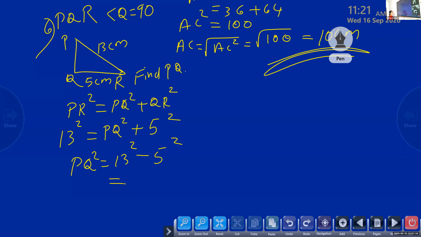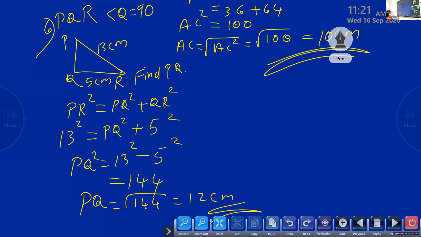Find out how much it is. 144. So PQ equal to root 144 equal to 12 centimeter.